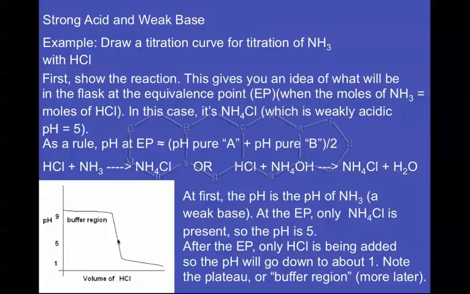Again, the pH will be 5 at the equivalence point, and you can still work out the equivalence point by getting the average of the beginning and ending pHs in the titration. The final pH will be 1 because all that will be left in the solution is just the HCl being added, and it will override anything that's going on here with the NH4Cl and drop the pH right down here.